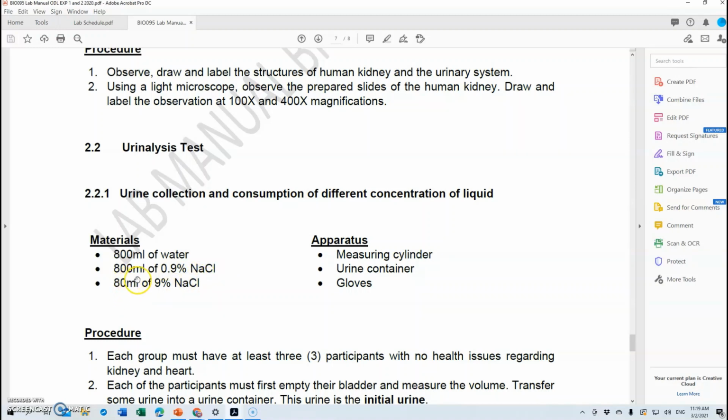The third volunteer will drink a very concentrated salt solution, which is 80 ml of 9% salt solution. To prepare these two salt solutions, you will need a measuring cylinder, urine container, and also gloves, because you are dealing with urine, so you have to really take care of the hygiene here.